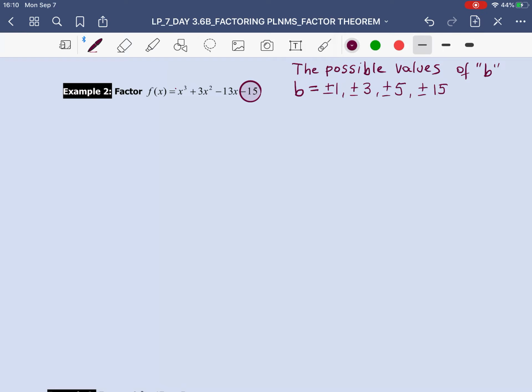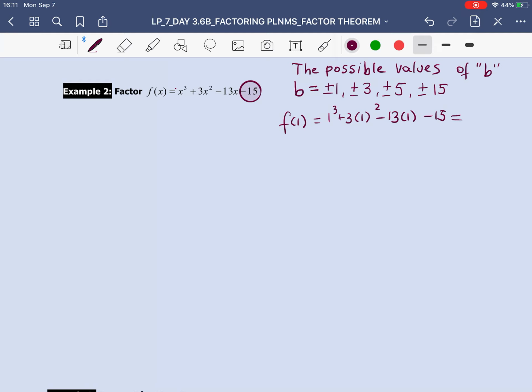And now we have to search for the factors. We're going to start with x equals 1, so we're going to find f of 1. F of 1 would be 1 cubed plus 3 times 1 squared minus 13 times 1 minus 15.